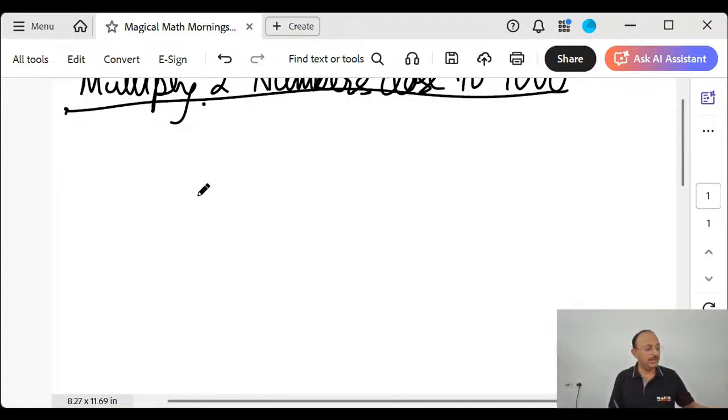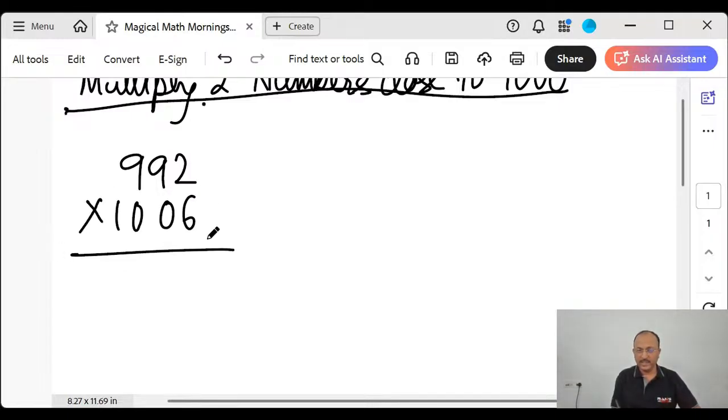Let's take one number more than 1000 and one number less than 1000. Let's take 992 into 1006. Here the base is 1000. This is slightly less than 1000. This is slightly more than 1000. So find the difference of these numbers from 1000. 992 is 8 less than 1000.